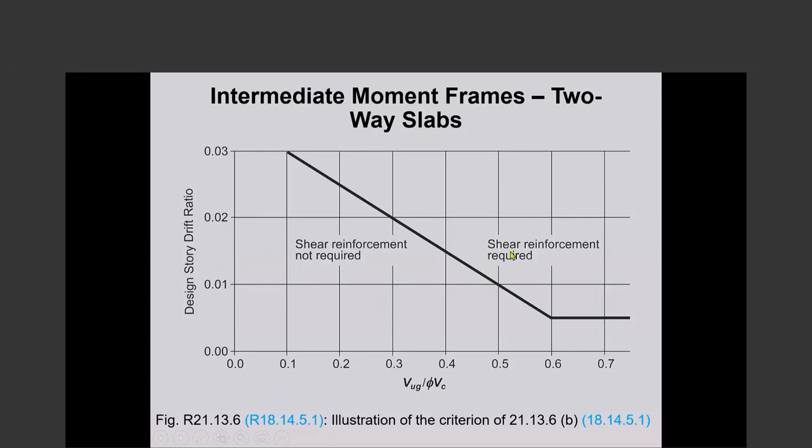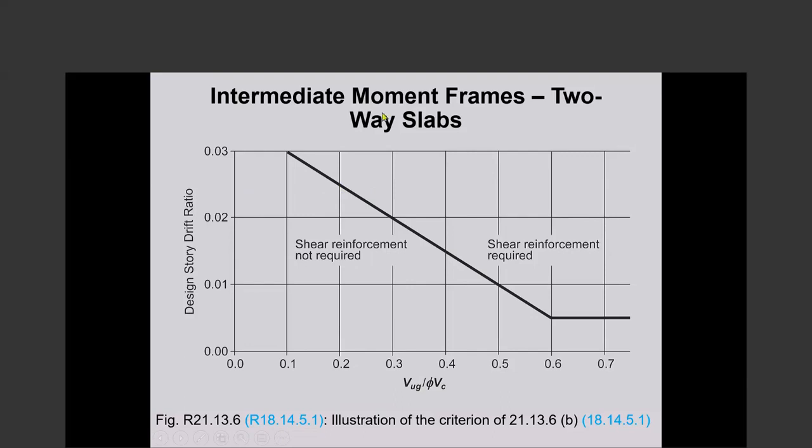But beyond that, you provide punching shear reinforcement. If your punching shear due to gravity is only 20% of what concrete can carry, then up to 2.5% story drift, you do not have to provide punching shear reinforcement. But if your design story drift exceeds that, then you provide punching shear reinforcement.